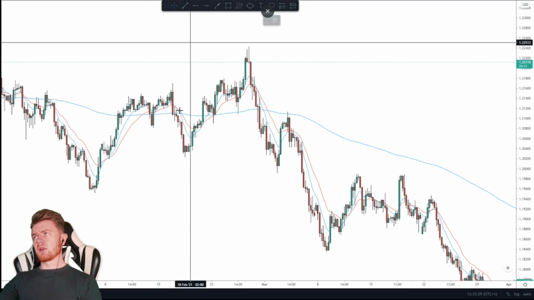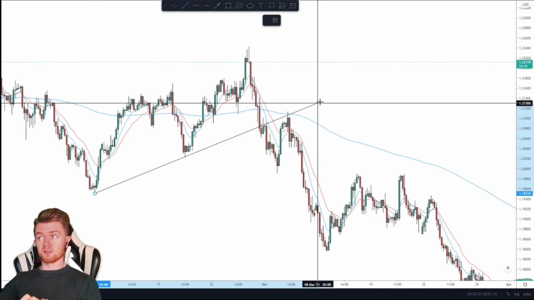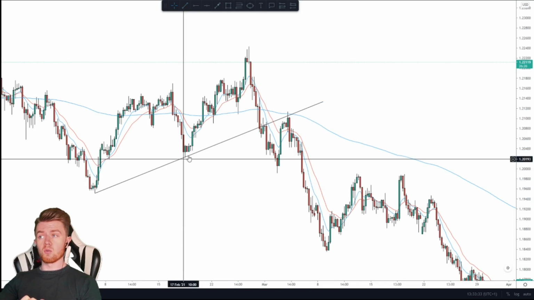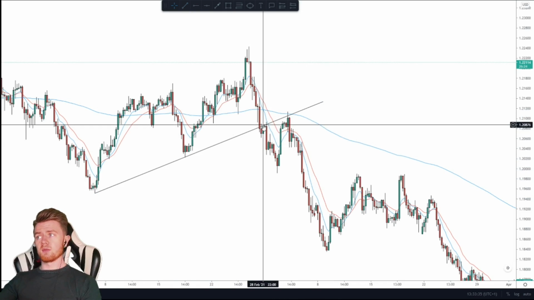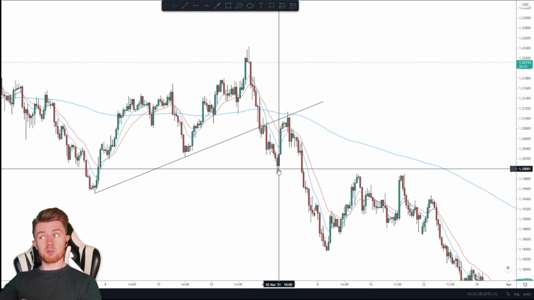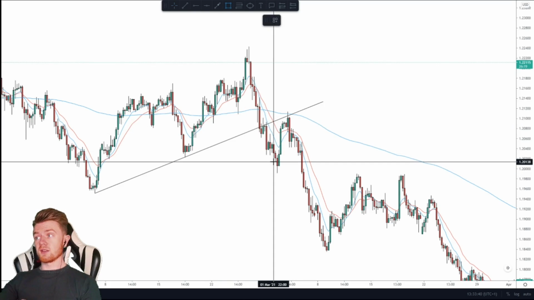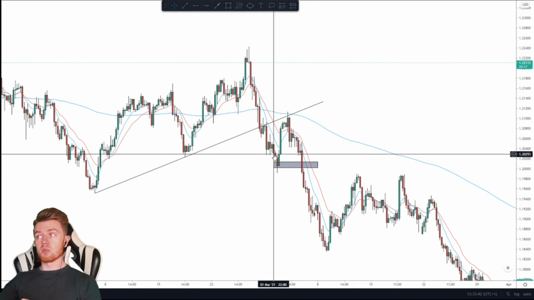So if we have a look here, and if I was to plot on just a simple ascending trend line, so we've got 0.1, 0.2, and then we've got 0.3, we've just had a breakout. And I'm going to mark this area here, so I'm just going to take this as an overall breakout.